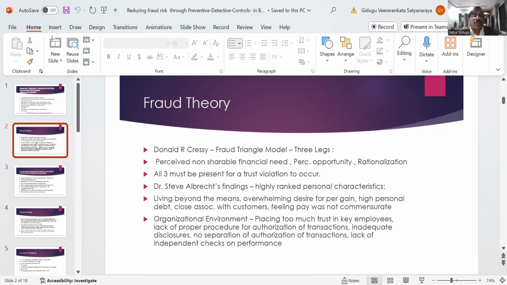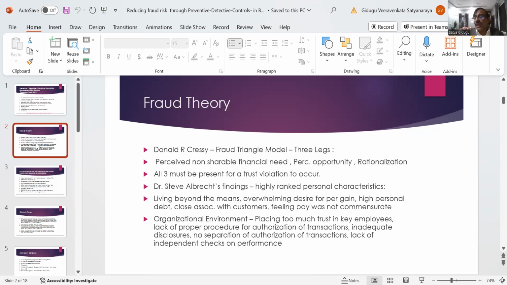And Dr. Steve, maybe Chris's student, also did research for long years, and he has depicted the highly ranked personal characteristics of fraudsters.